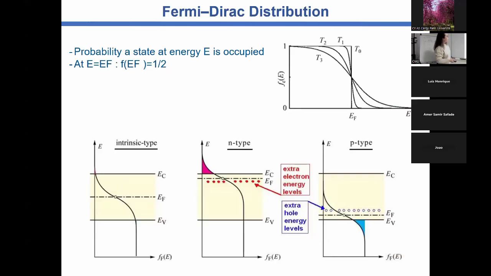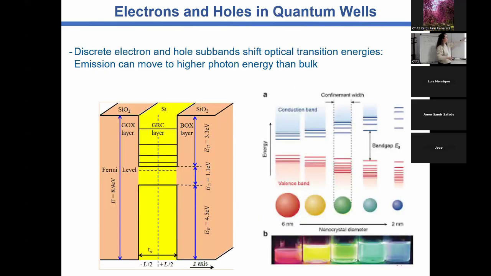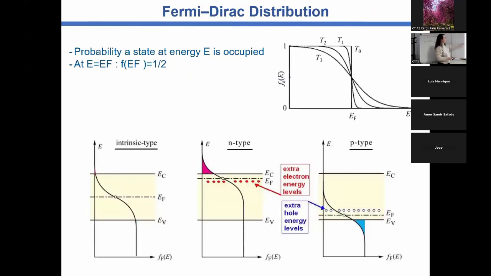I talked regarding the Fermi-Dirac distribution. Here I give this extra slide in terms of the number of carriers. The number of carriers will also be involved in the quantum confinement, and we can know if the distribution of the energy states is related to whether they are n-type or p-type.